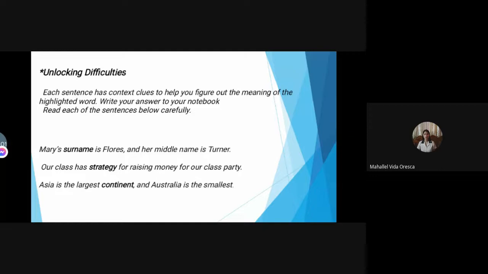The first one is Mary's surname is Flores and her middle name is Turner. Second one, our class has strategy for raising money for our class party. And the third one is Asia is the largest continent and Australia is the smallest.